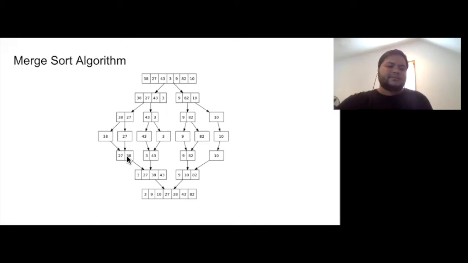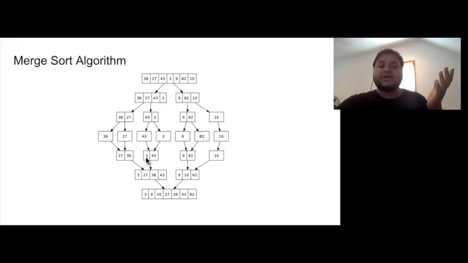And in this step, we will see that among 27 and 3, 3 is less. So 3 is lesser than 27. So we will take 3 first, and then we'll look at 27 and 43, which is smaller, 27, then store 27 first, and then we move to 38.